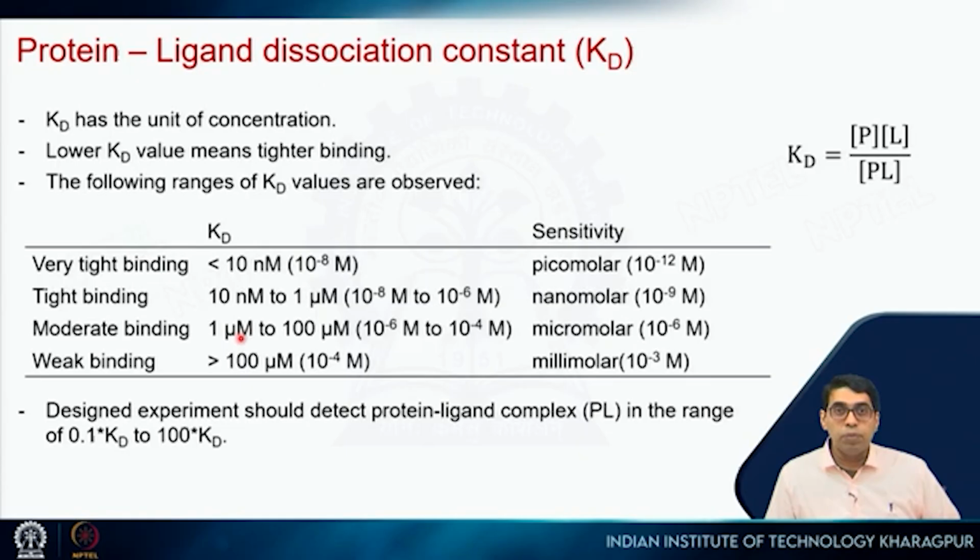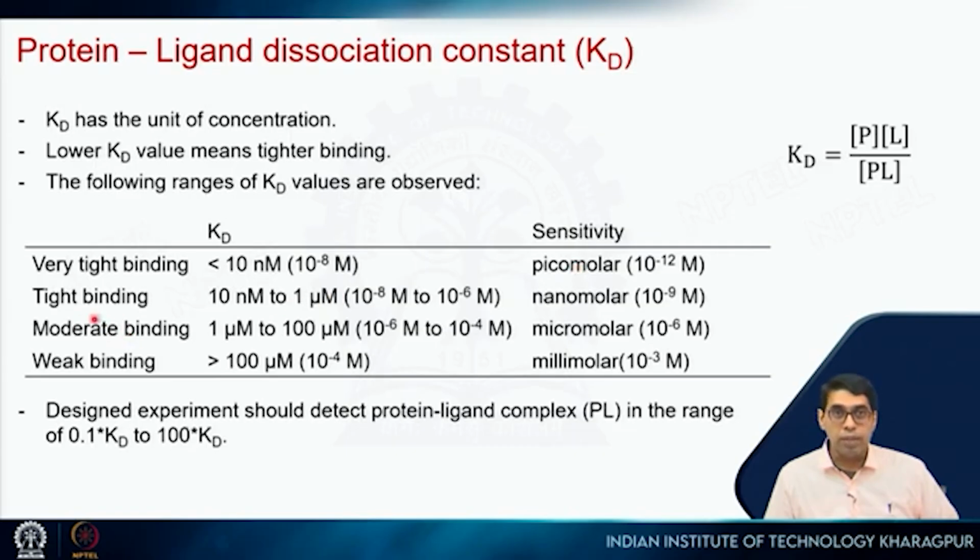Now to determine KD values in this range, your experiment should be sensitive in this particular range. So to get something that is less than 10 nanomolar, your experiment should be sensitive in the picomolar range. Picomolar means that it should be able to determine the concentration of the free ligand or the free protein or the ligand bound complex, whatever it is determining, that should go down in the picomolar range, right?